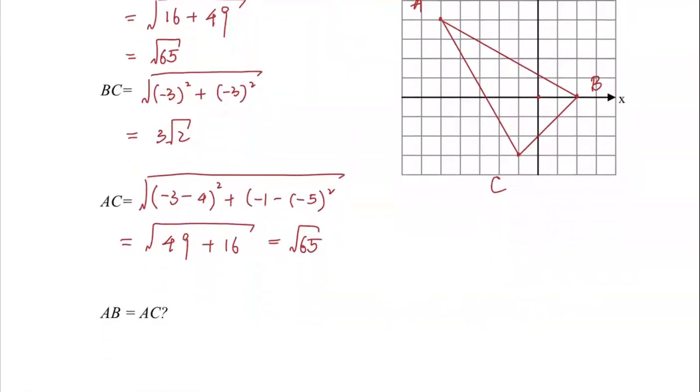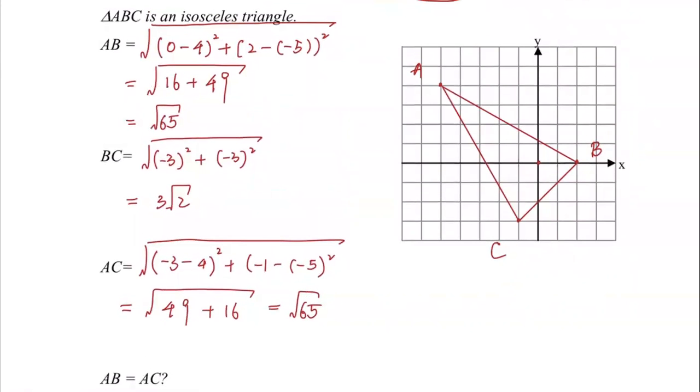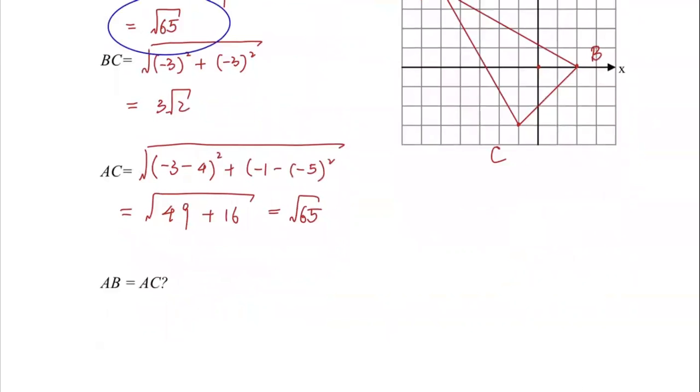AB is equal to AC. Okay, let's check. So AB is, let me use a different color, square root of 65. What about AC? Square root of 65.